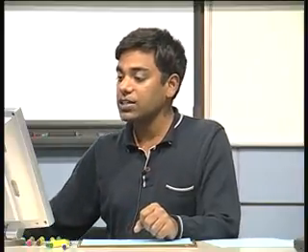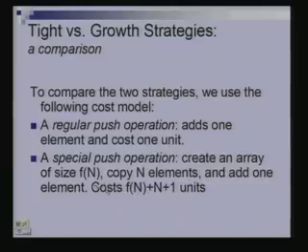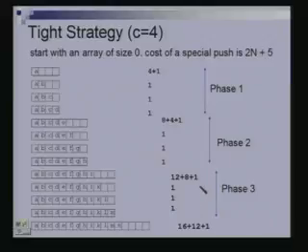So, you created a stack of size f of n that costs f of n units, you copied the n elements, that costs n units, and then you push that one more element, so that costs one more unit. So, total cost of this special push operation would be f of n plus n plus 1.